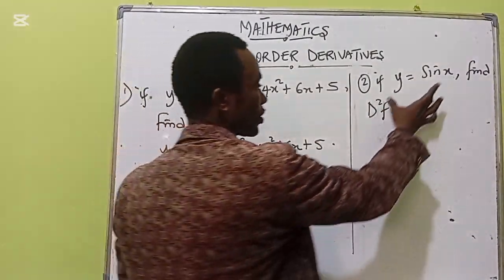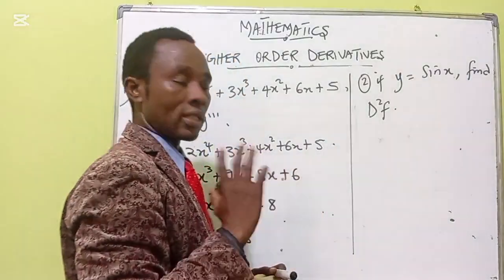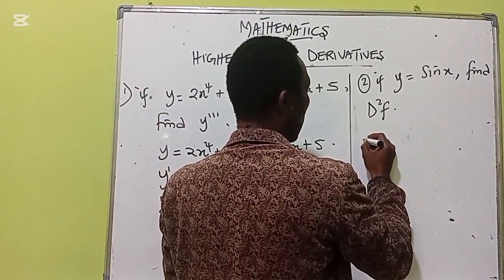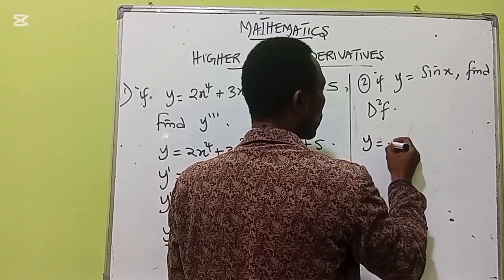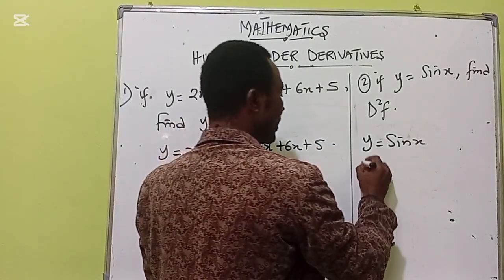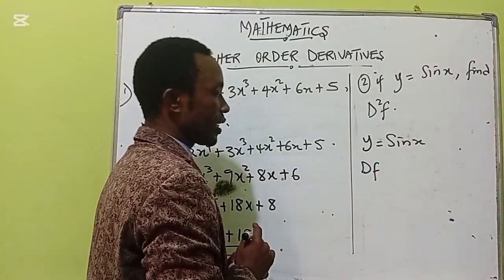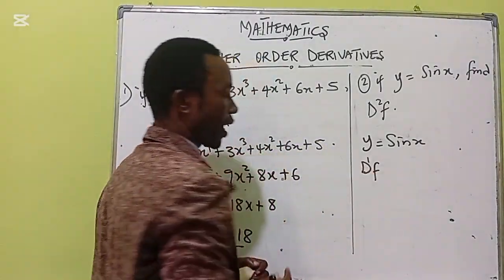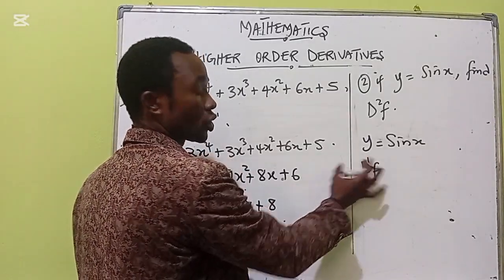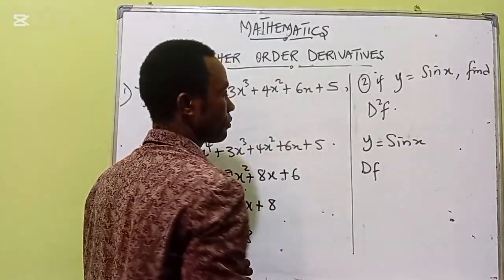What it simply means is that you should differentiate this a second time, I mean 2 times. So our y is equal to sine x. We need to get df, which is the first derivative. There's no need of putting 1 here, because d raised to power 1 is still the same thing as d, to show you that it's the first derivative anyway.